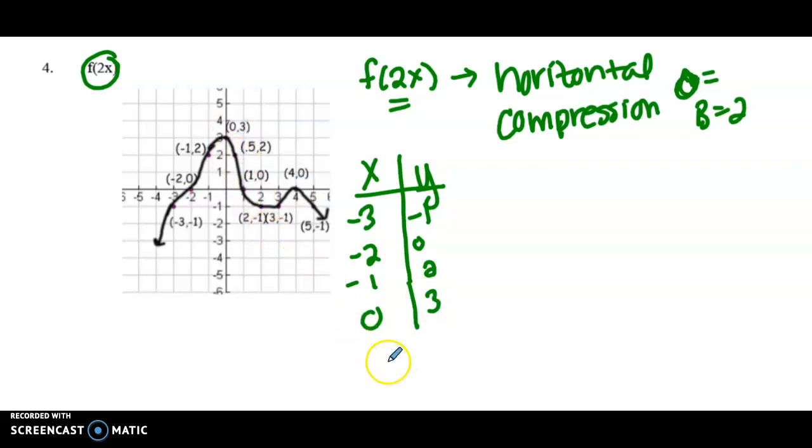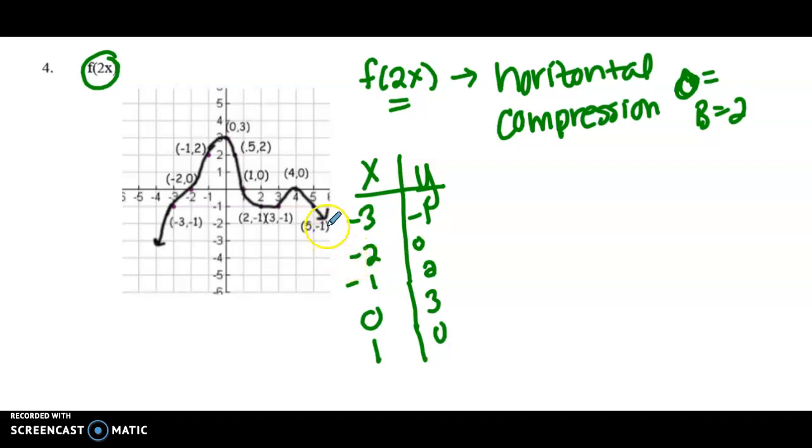We have (1, 0), and then you have these 2 points down here, (4, 0). You could do that with your list of all of your ordered pairs. Then basically what you're going to do is do the transformation on the ordered pairs and then plot the new ones to get your graph.